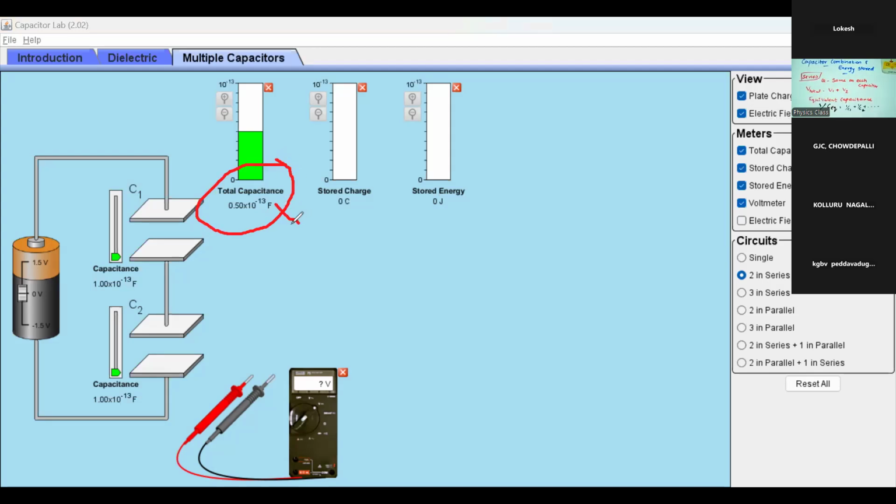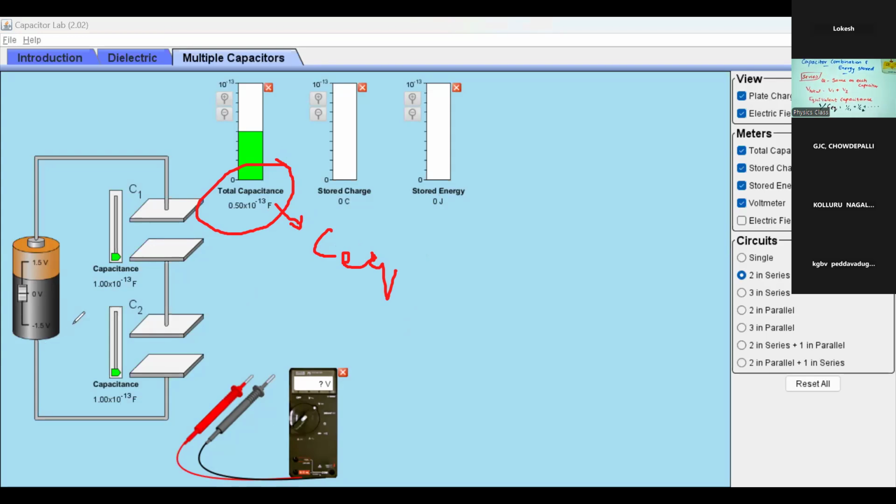So this capacitance is C equivalent, correct? 1 by C equivalent is 1 by C1 plus 1 by C2, like that. Now look at some of the values. I will write on the board and we will verify that.